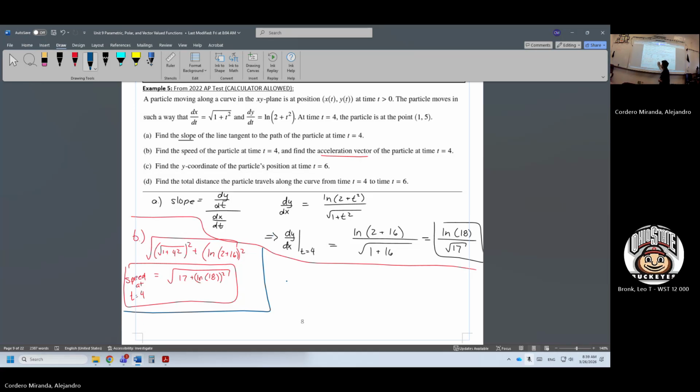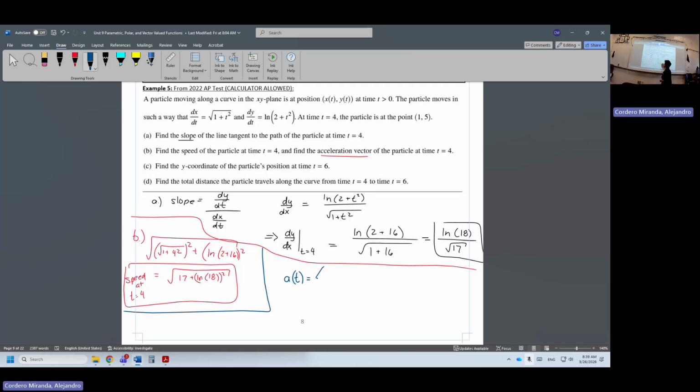A of t equals, all right, the derivative of the x part would be, for the square root part by itself, 1 over 2 square root of, leave the inside alone. But then don't forget the chain rule, so times 2t, which I'm going to put up here, 2t.